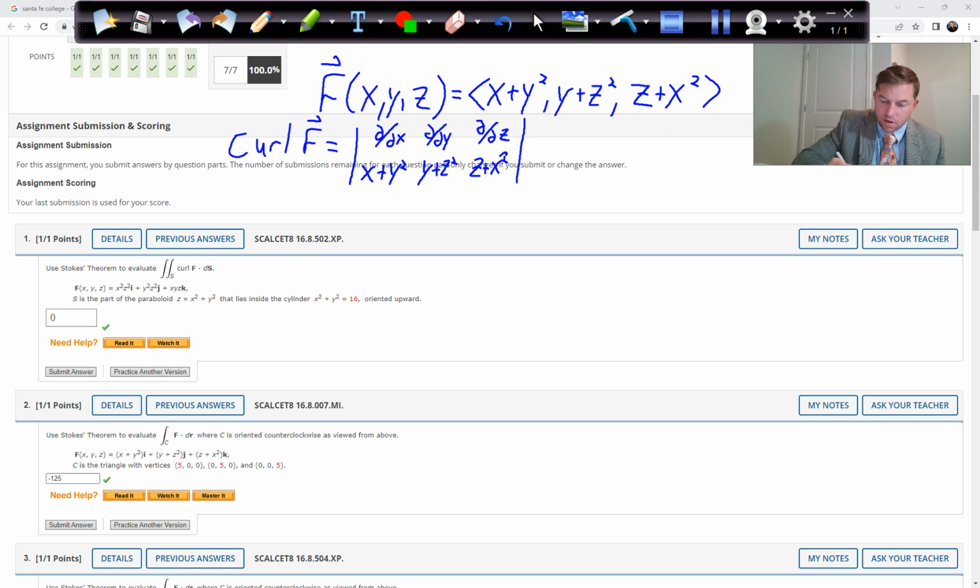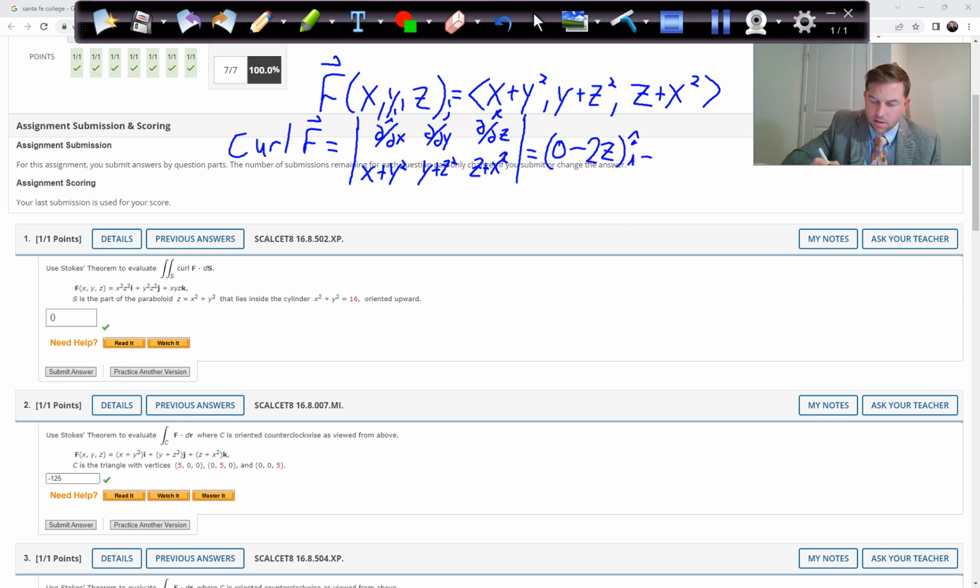And this is a cross product. So this is really i, j, k above these three columns. So this is going to equal, cover up the first column, partial y with respect to z plus x squared is 0, minus partial with respect to z of y plus z squared is 2z.